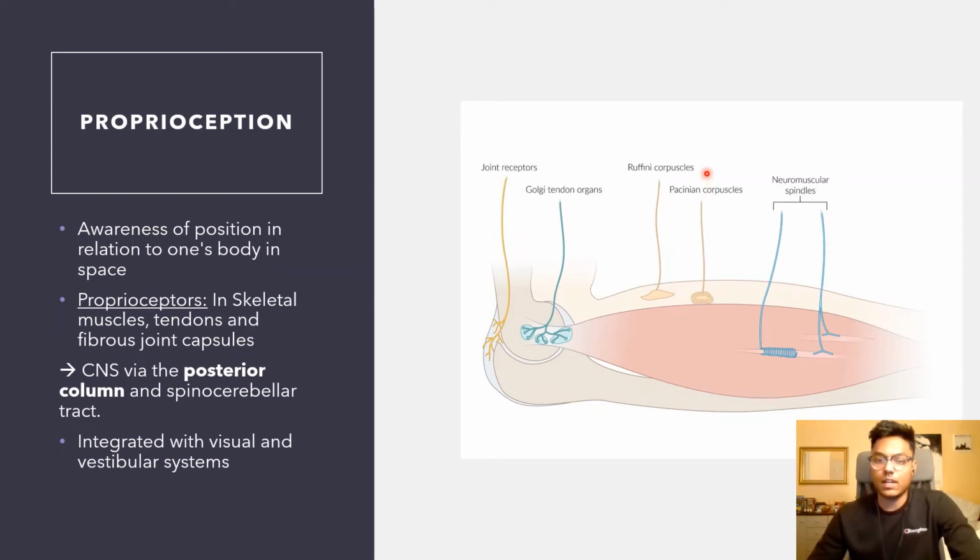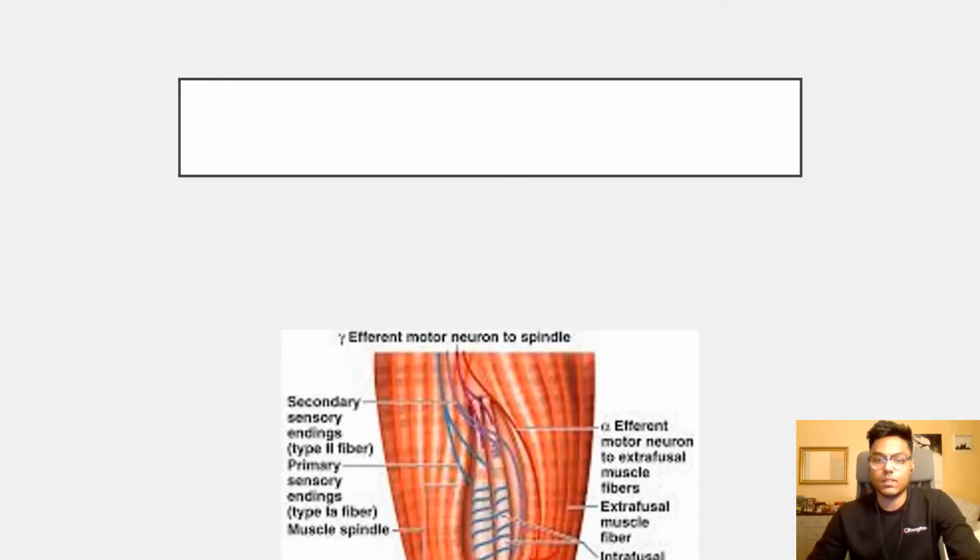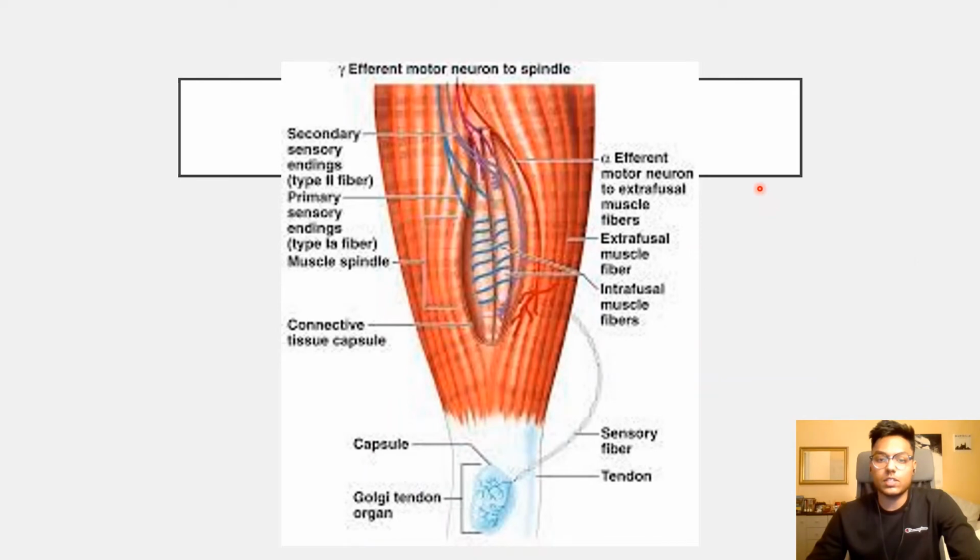Additionally, we also have the Ruffini and Pacinian corpuscles, which are exteroceptors present on the surface of the skin, but they also help in sensing proprioceptive information by measuring the degree of pressure and stretch. In this picture, you can see an overall representation of the different sensory fibers and the motor neurons that are innervating the muscle.